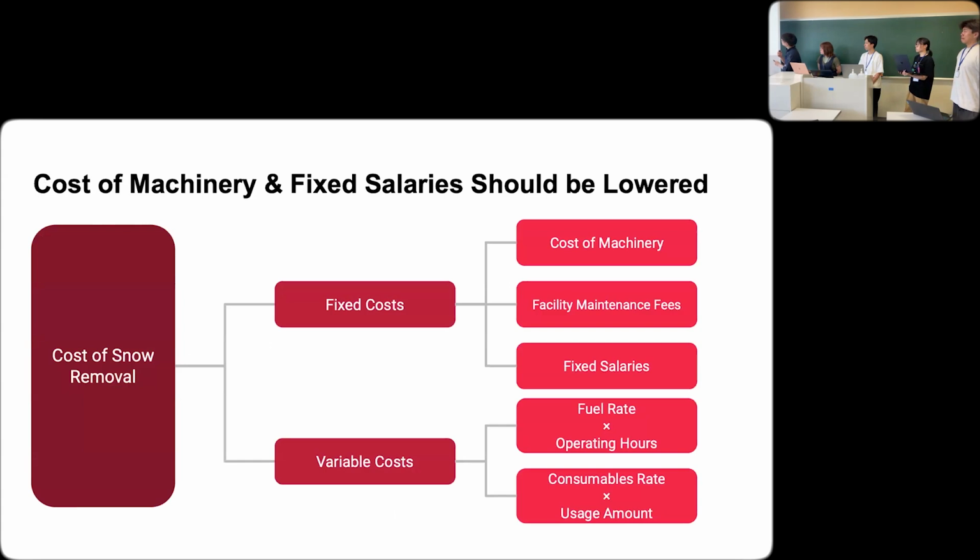Fixed cost includes the cost of machinery, facility maintenance cost, and labor cost. Of these, machinery purchase and labor cost account for a large proportion. So we propose a solution to reduce these two costs.